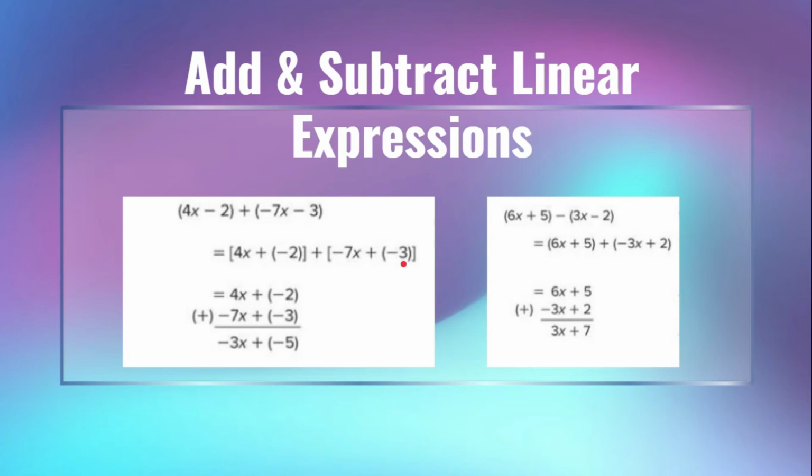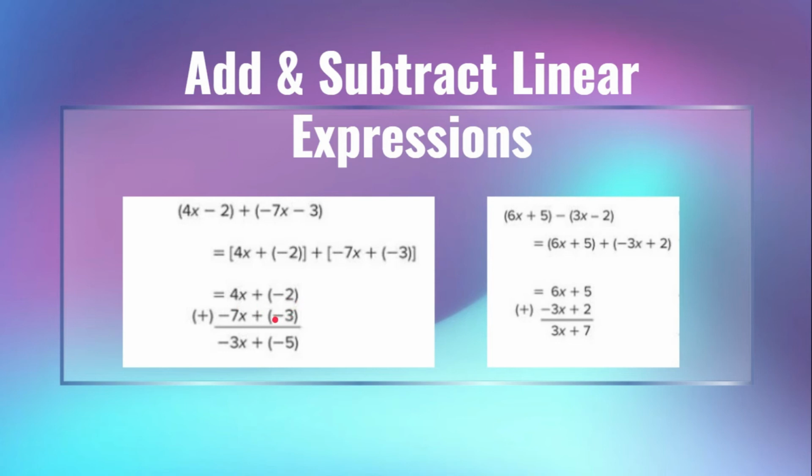Next, we are going to arrange the like terms in columns, as you see here. This is helpful because you can easily see the variable terms and the constants. So 4x over negative 7x, both of these terms have variables, and then we add these to the two terms that are constants, negative 2 and negative 3.